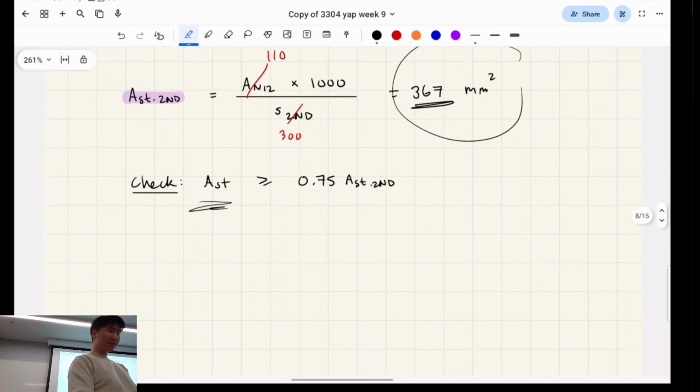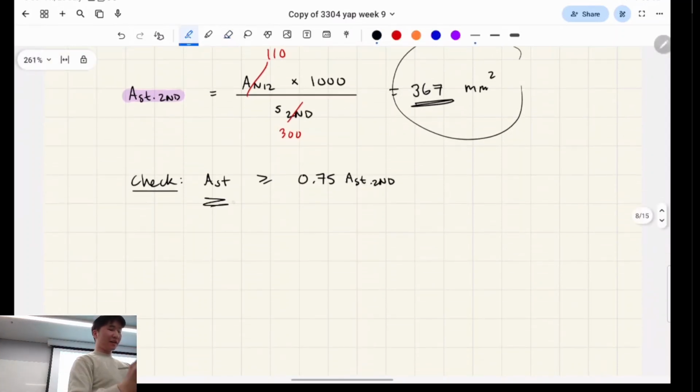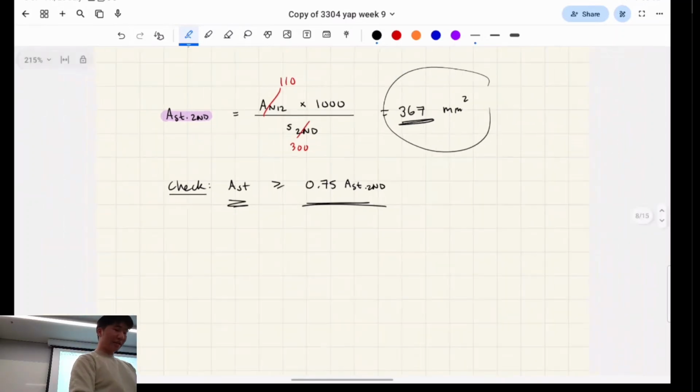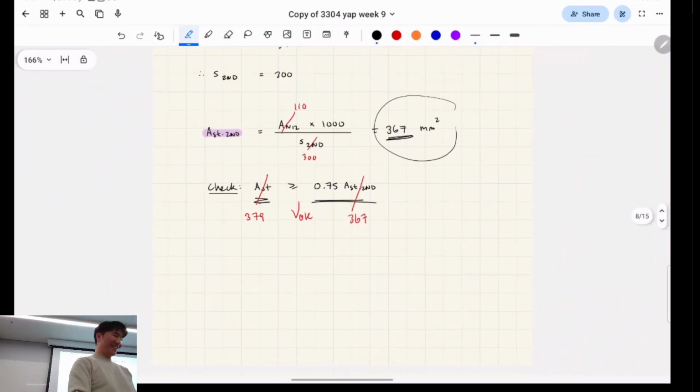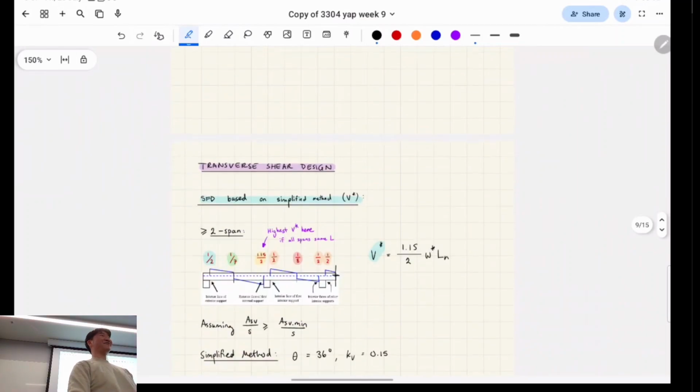The area of primary steel has to be greater than 75% of the secondary steel. If we rearrange that, the secondary can only be 33% more than the primary direction. That's the rule. And when we plug everything in, we see that it's okay. So now we've done flexural design. Okay, I only have 3 minutes.